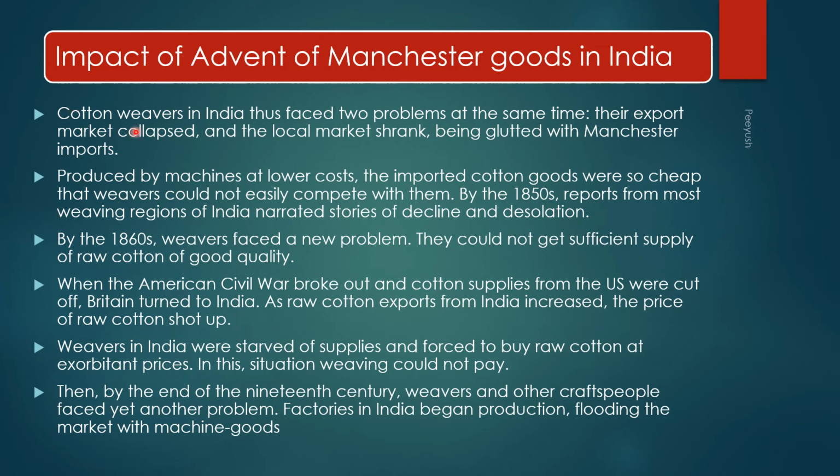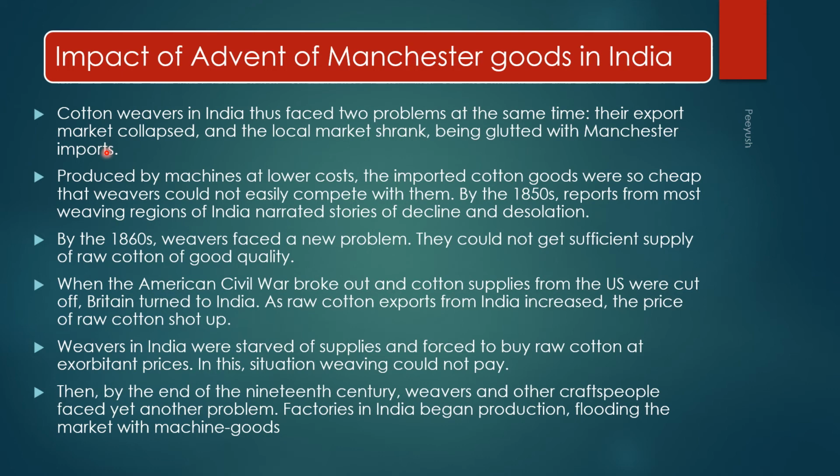Cotton weavers in India thus face two problems at the same time. Their export market collapsed because of the trade barrier, and the local market also shrank, being glutted with Manchester imports. Since Manchester products came to India, both things happened.